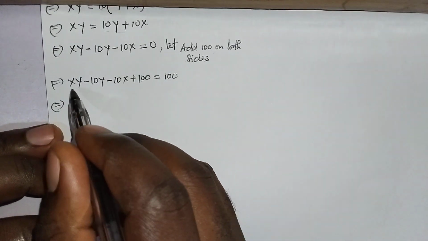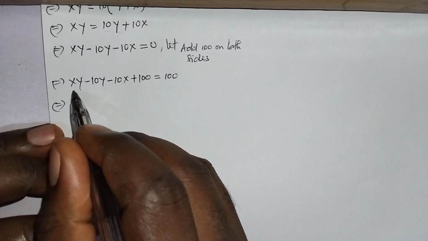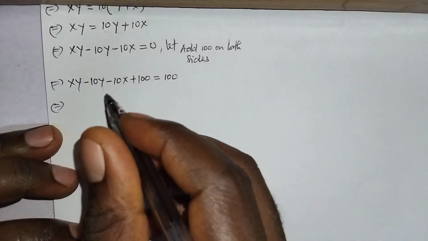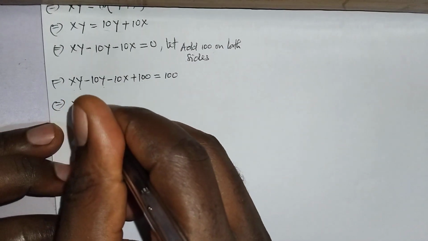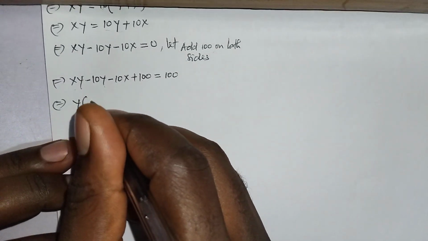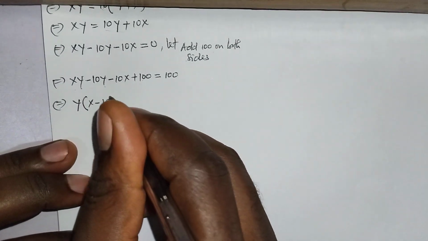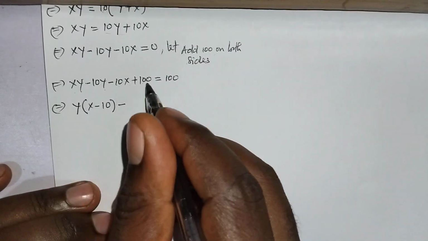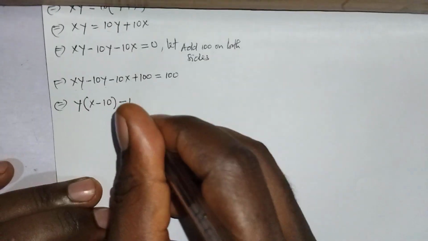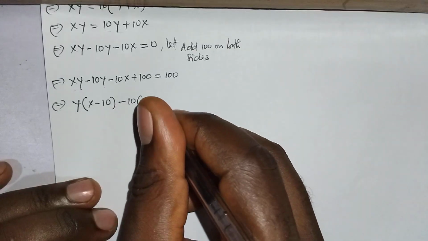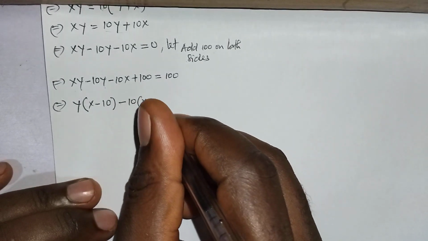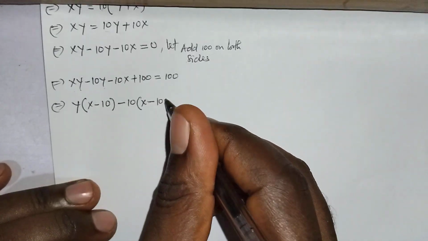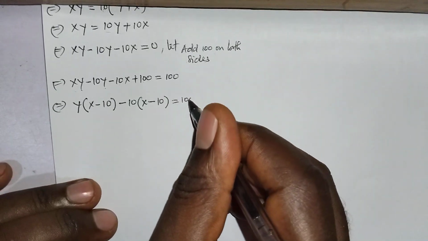So we have y here is common. We have y out of parentheses, x minus 10, minus, we put 10 out, 10 times x minus 10 is equal to 100.